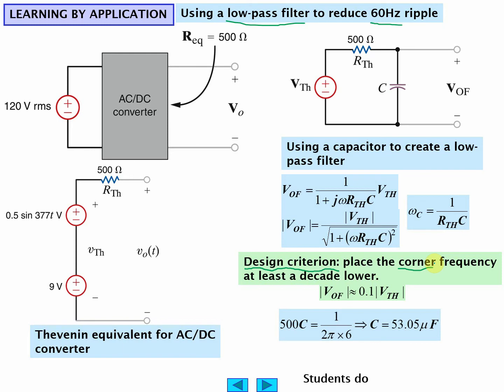And yes, it's a passive circuit, so we're going to choose the time constant to do that. Okay, 2 pi times 6, here's the 6 hertz right there.